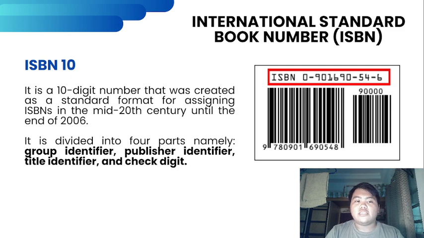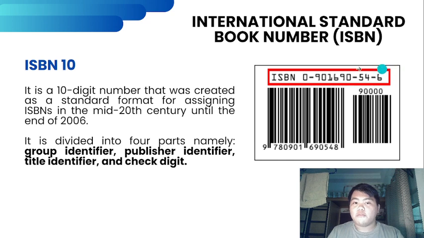ISBN 10 is a 10-digit number that was created as a standard format for assigning ISBNs in the mid-20th century until the end of 2006. We have the given figure that includes the barcode. At the top is the ISBN number, 09016905546, which contains a 10-digit number.